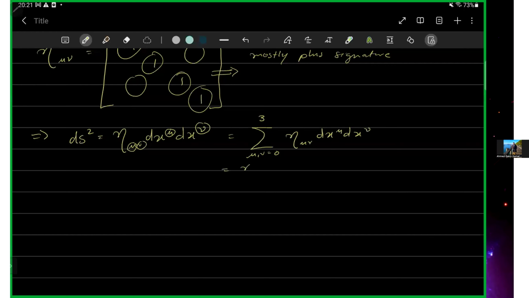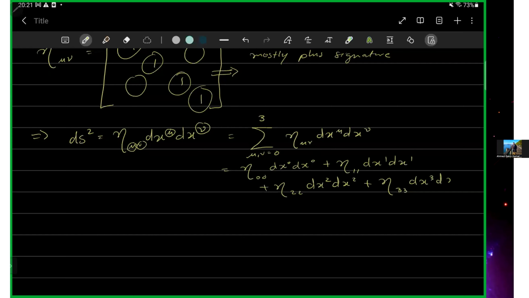And it will just give me eta 0 0 dx0 dx0, plus eta 1 1 dx1 dx1, plus eta 2 2 dx2 dx2, and finally eta 3 3 dx3 dx3.